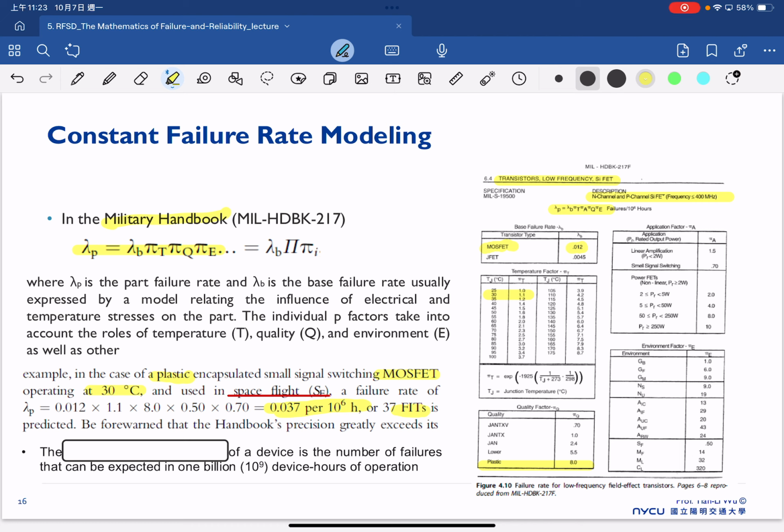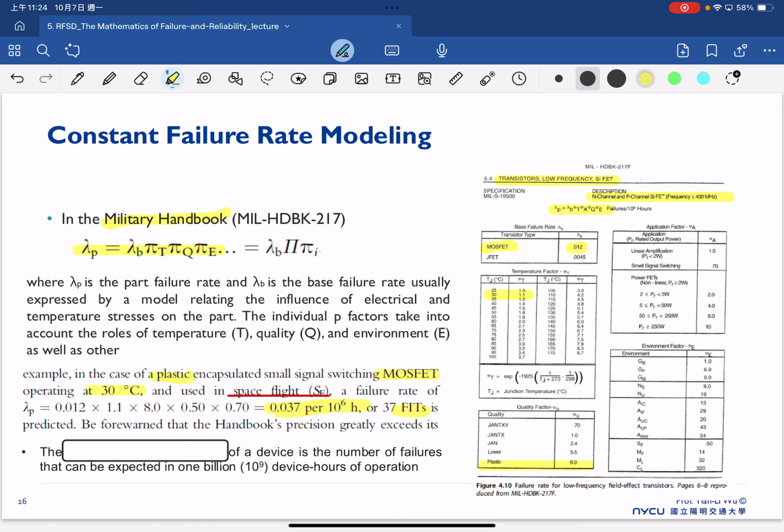For the values inside this military handbook, for sure they have already done a lot of analysis, and they have a huge database to come up with the failure rate for the MOSFET, the failure rate for the JFET, which is another device, the failure rate for the temperature, the failure rate for the different materials, and so on.